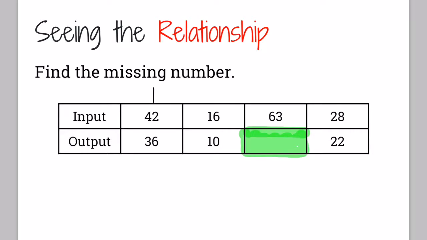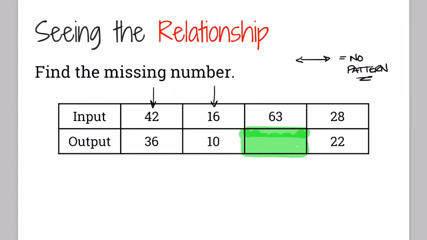I want to look at these numbers straight up and down, because when I look from left to right, it makes no sense what's going on. From 42 to 16 to 63 to 28, I don't see any type of pattern. So looking left to right, there's nothing that makes sense to me.